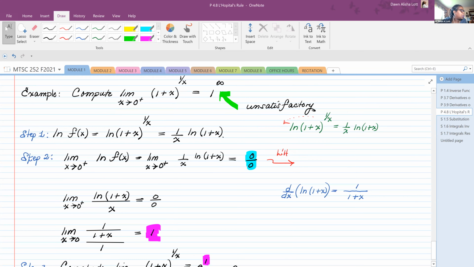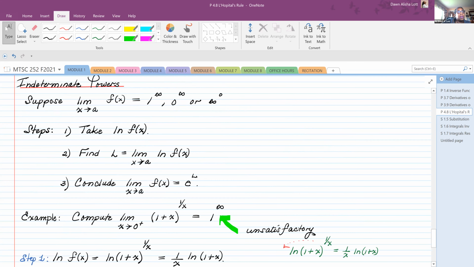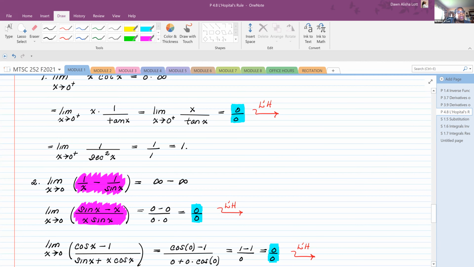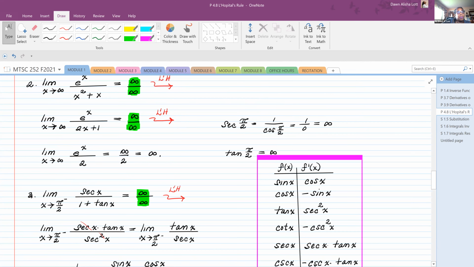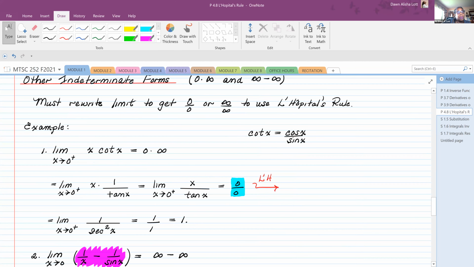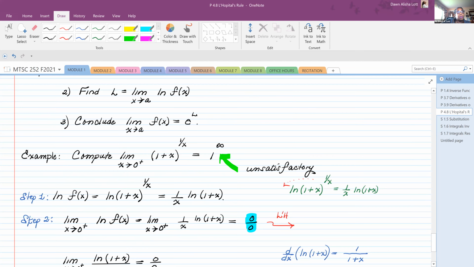For this whole problem, the limit was 0. I didn't change it in the middle. The other problem, I may have had the limit as x went to infinity, I think that was one back here. This one went to pi over 2. Here it went to 0. Here it went to 0. And this last one, it went to 0.